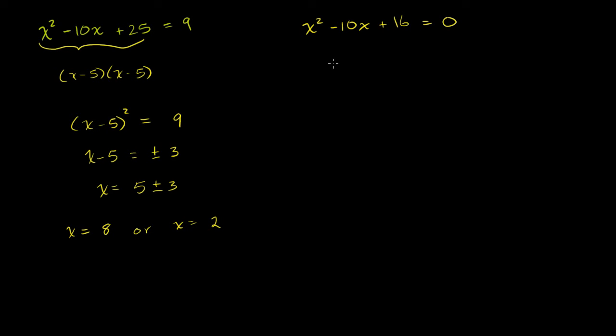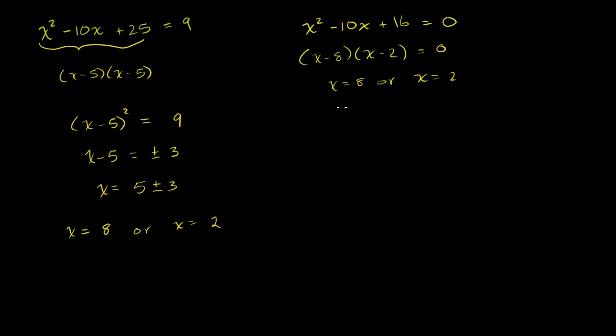And here, this would be just a traditional factoring problem, the type that we've seen in the last few videos. What two numbers, when you take their product, you get positive 16. And when you sum them, you get negative 10. And maybe negative 8 and negative 2 jump into your brain. So we get x minus 8 times x minus 2 is equal to 0. And so x could be equal to 8, or x could be equal to 2.